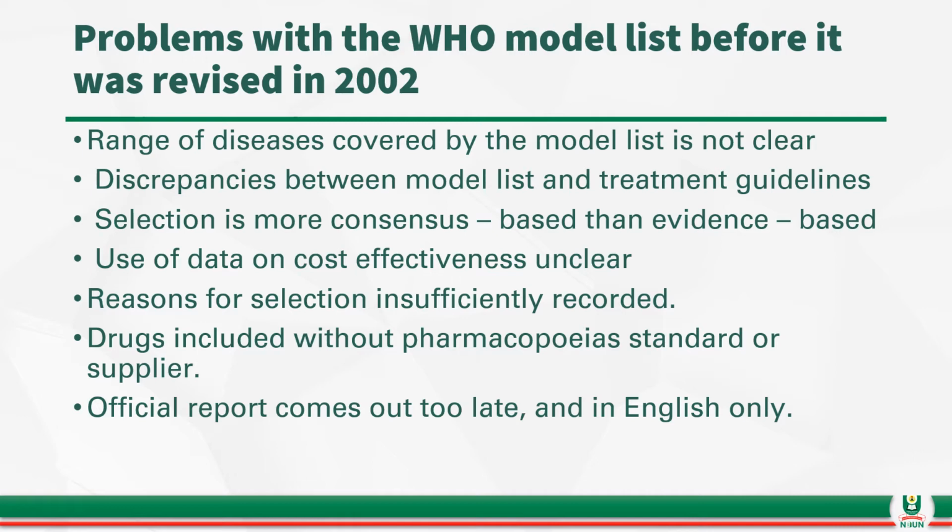The use of data and cost effectiveness of the listed medications are unclear. The reasons for selection are insufficiently recorded. Drugs were included without pharmacopoeia standard or supplier standard. And sometimes the official report on this drug listing comes out late, and mainly in English instead of other languages of the WHO.